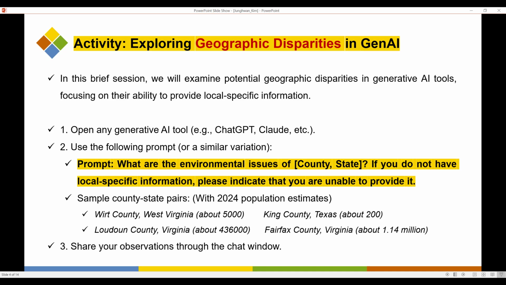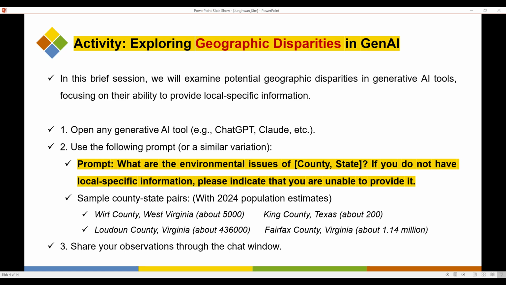For example, Worth County, West Virginia, that has a population of about 5,000. And on the contrary, I also include Fairfax County, Virginia, that has a population of about 1.14 million. So consider using different models, such as an older model like GPT-4 or a newer model like GPT-o1.